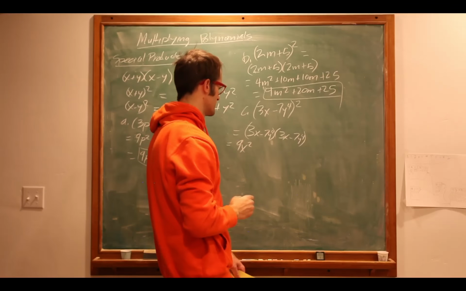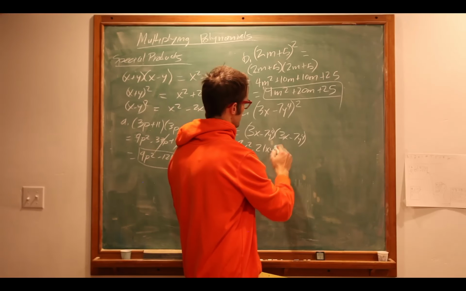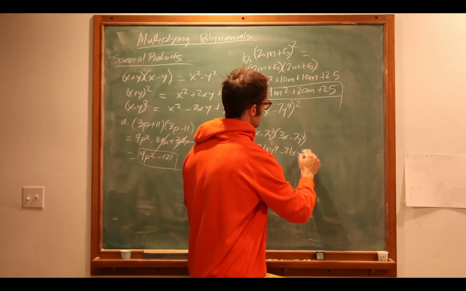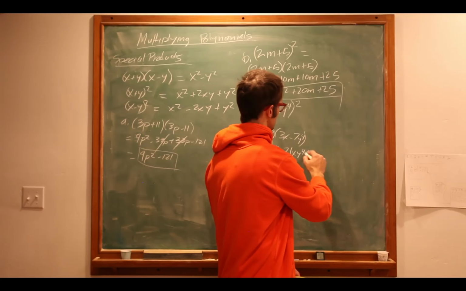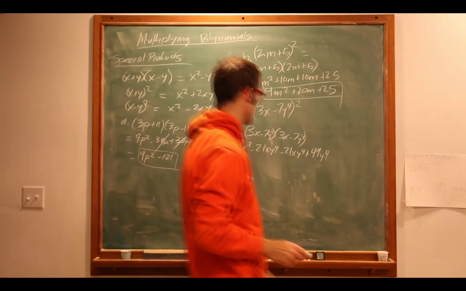9x squared minus 21xy to the fourth minus 21xy to the fourth plus 49y to the eighth.